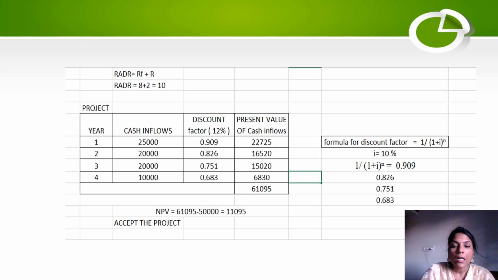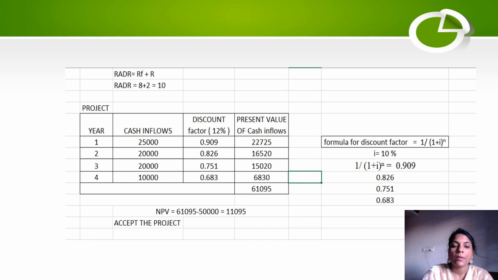This RADR approach is also applicable to mutually exclusive projects. Here we are considering only one project, but in some questions you will have two projects with cash inflows given and different risky rates of return. At that time we can compare which project we should go for.